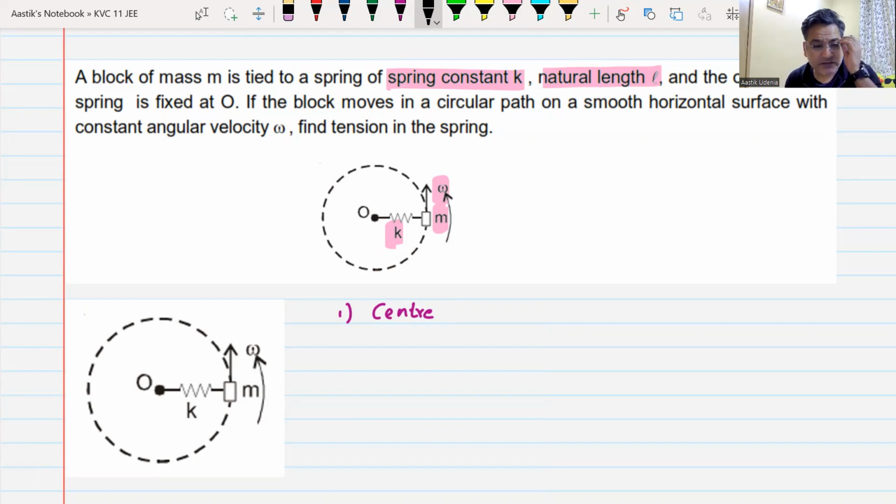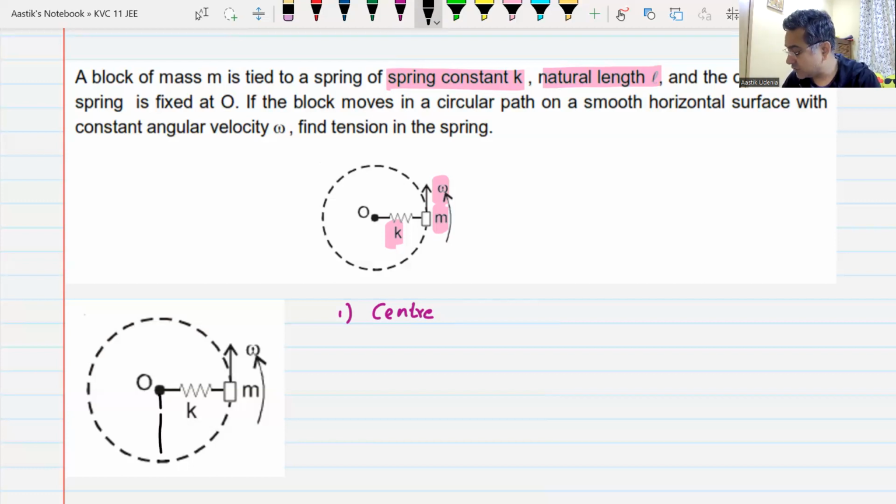When it is in its natural state, or when it is not in its natural state? Will the spring remain in its natural state, or something will change? If the spring remains in its natural state, then, my dear friends, no one is going to provide it with the centripetal force, and therefore it cannot rotate in the circle because there will be no centripetal force.